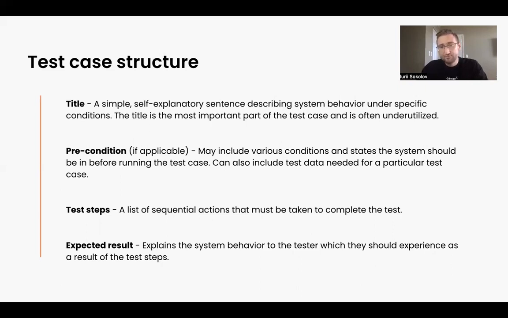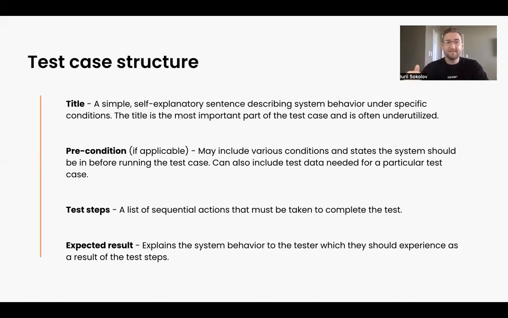It is true, but the core of a test case consists of only a few important components: title, precondition, steps, and expected results. That's pretty much all you need in order to have a pretty reliable, pretty extensive test case. Okay, so let's start with the first one.